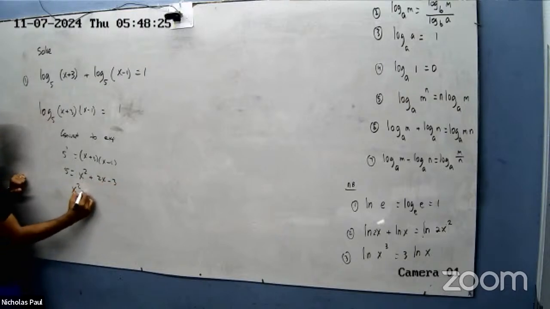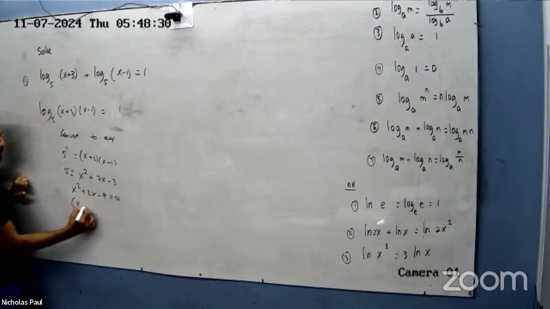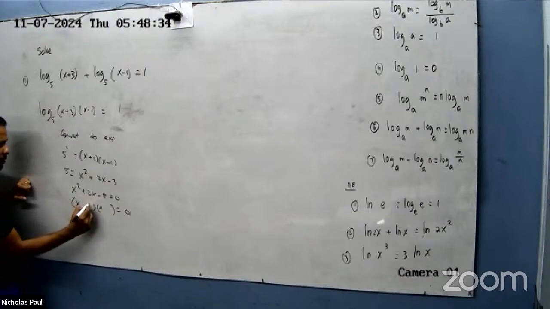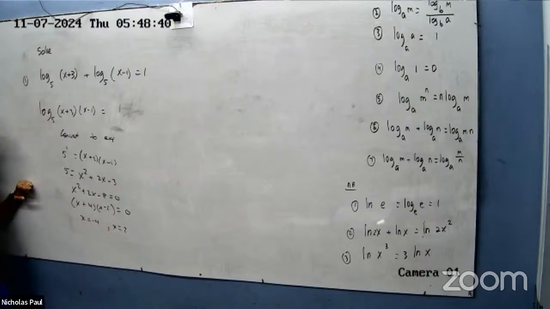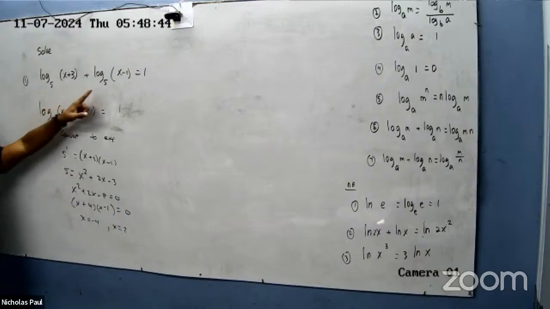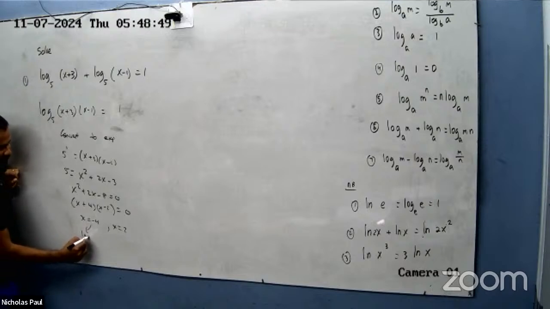So you'll end up with x squared plus 2x minus 8 is 0. And we will end up with what? 4 and 2. So we will get x is minus 4 and x is 2. What's the problem with minus 4? Invalid, because we can't find the log of a negative number, right?